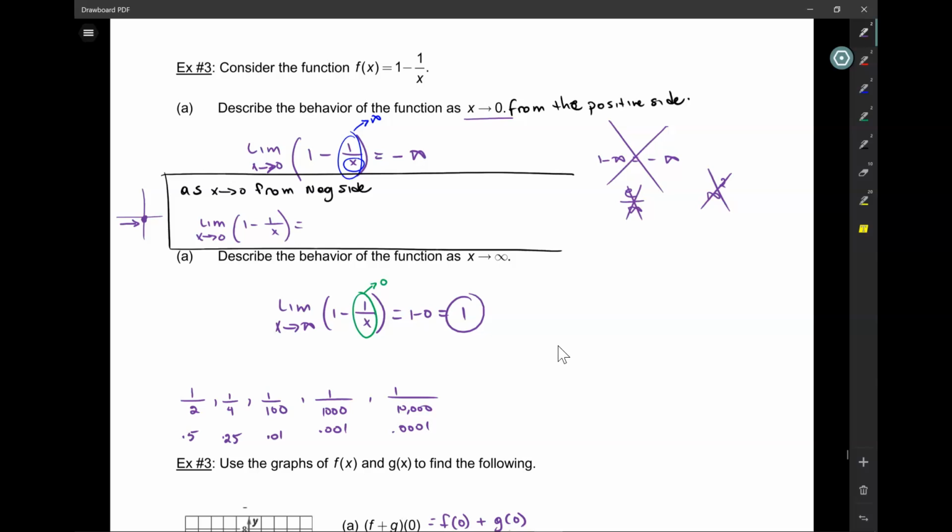It's negative 3, negative 2, negative 1, negative 0.1, negative 0.001, right? So what's 1 over negative 1? Negative 1, right? What's 1 over negative 0.1? Negative 10, right? So now the numbers are getting larger again, but negatives, right? So what's that gonna turn into? That's gonna be negative infinity, right? So now it's gonna be 1 minus negative infinity, which is positive infinity.